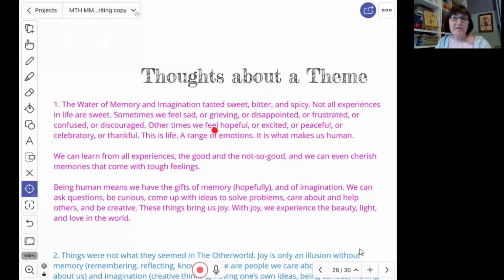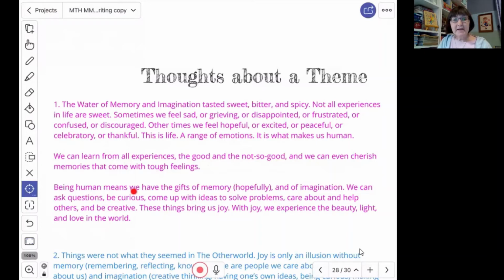Other times we feel hopeful or excited or peaceful or celebratory or thankful. This is life, a range of emotions. It is what makes us human. We can learn from all experiences, the good and the not so good. And we can even cherish memories that come with tough feelings.